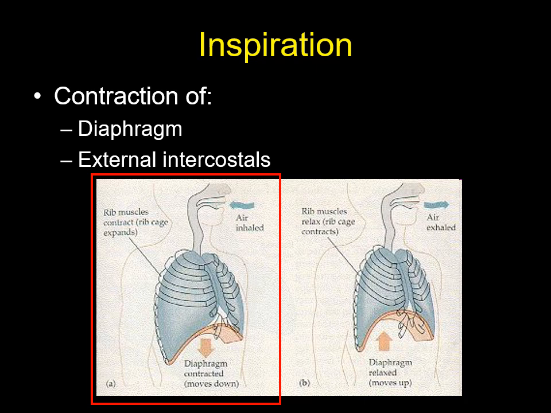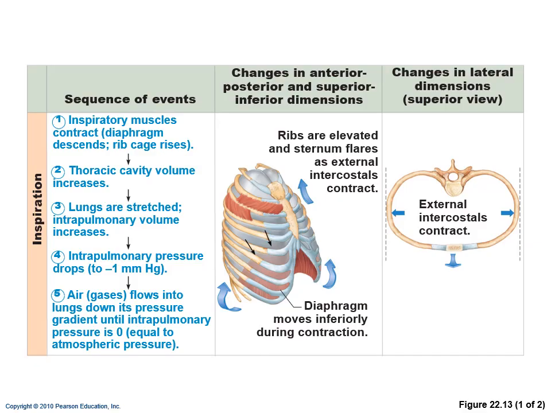Inspiration involves the contraction of the diaphragm as well as the external intercostal muscles, the ones on the outside of and between the ribs, and as they contract, they pull the chest cavity outward, increasing intrathoracic volume.